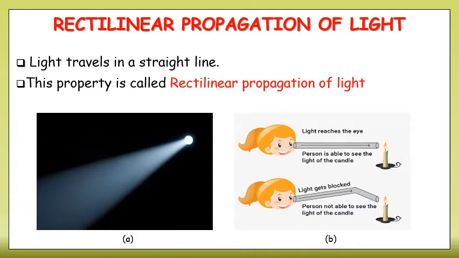Let us make it clear with another picture. In picture B, when the rubber tube is straight, you see the candle flame through it. But when the rubber tube is bent, the light of the candle flame fails to reach us. Therefore, we cannot see the candle flame. Thus, we can say that light travels in a straight line.